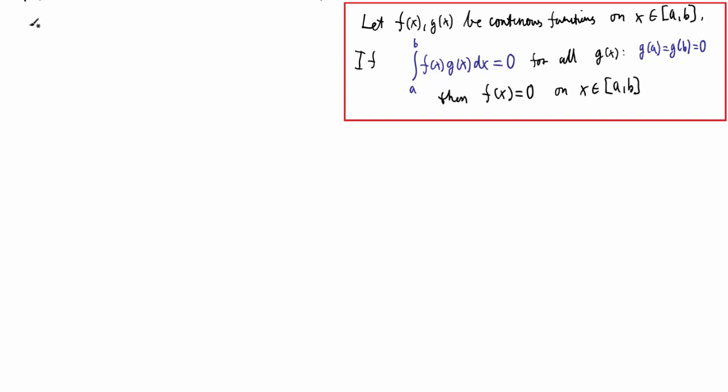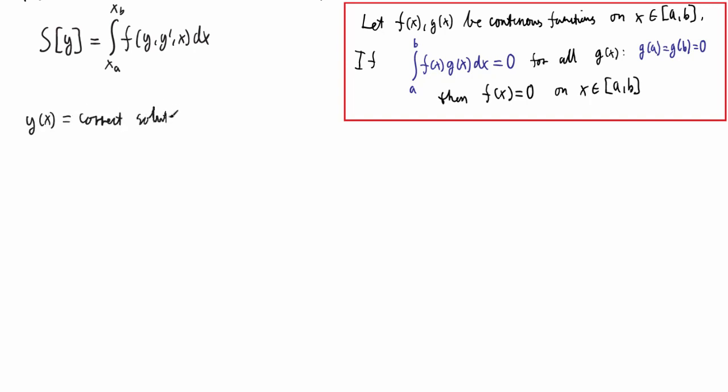Okay, so once again, we're looking at this functional, and we want to optimize this. So we're going to say that y of x is the correct solution. And capital Y of x is then some other function that goes from the point A to point B, but otherwise doesn't have anything in common with y.